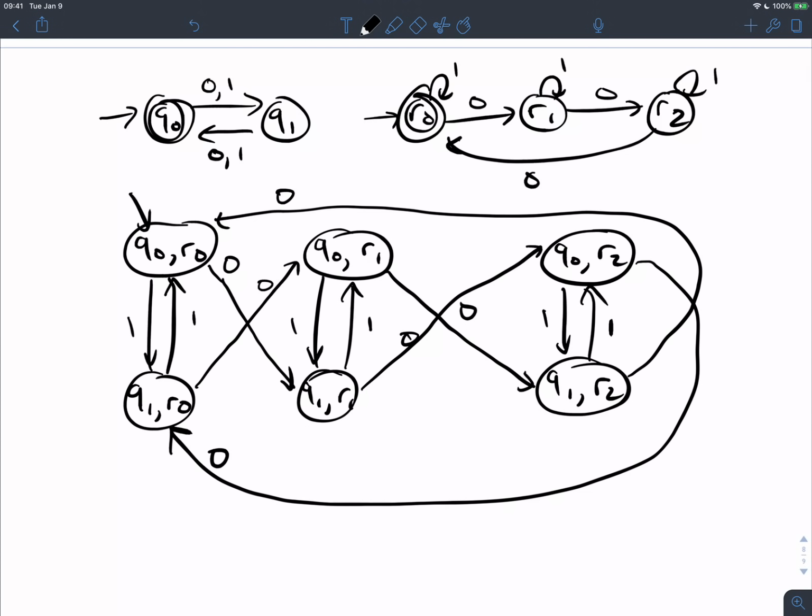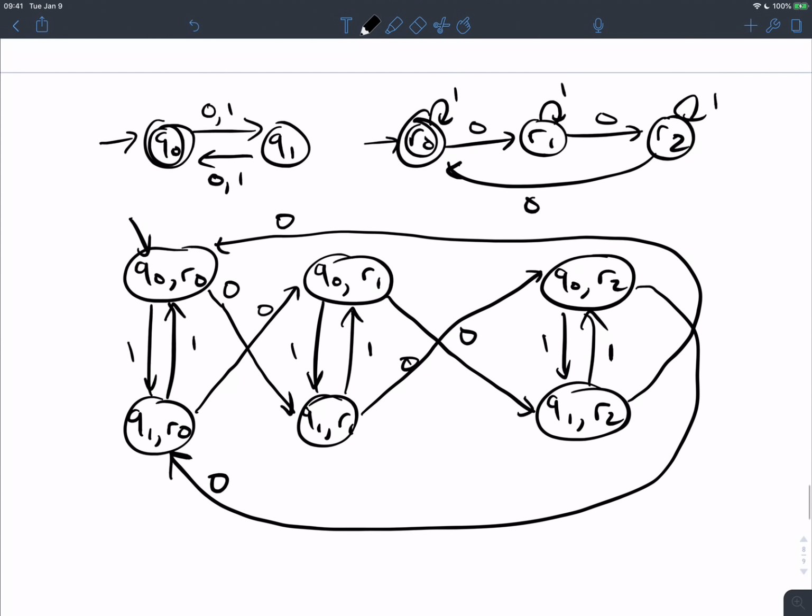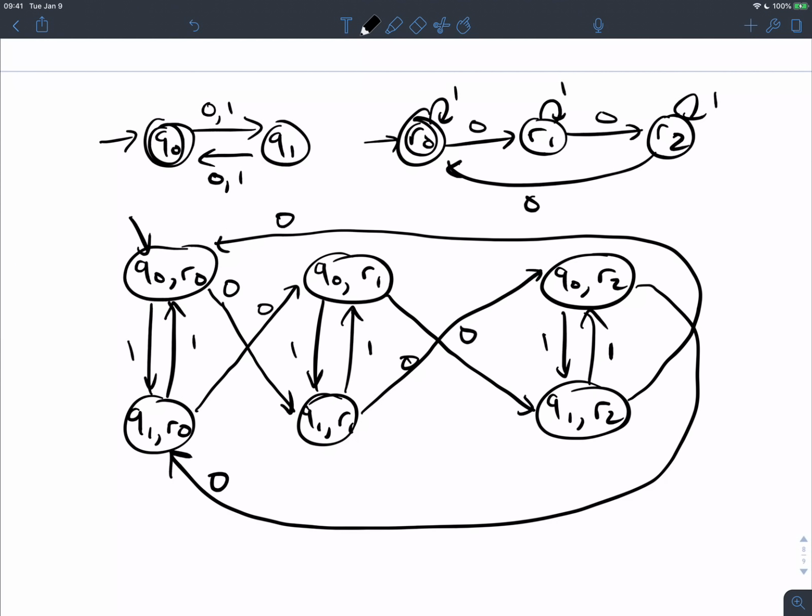Are we done with this machine? Yeah, we need final states. So what operation are we doing in this case? Union. So what state should be final? Well, anything with Q0, because if it has Q0 in it, I don't care what R state it has.